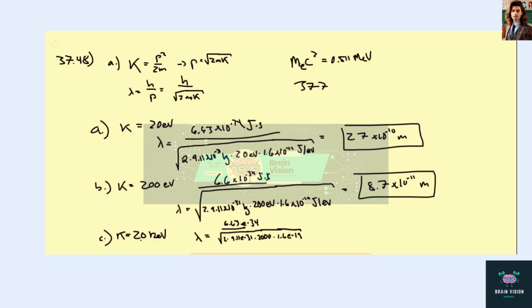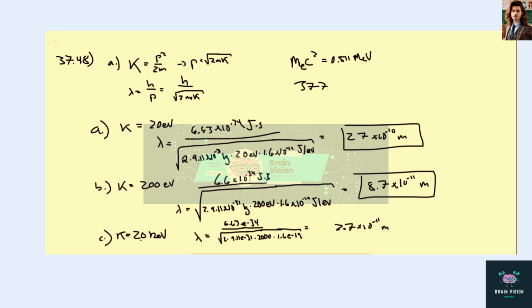That was my little shorthand, so I didn't have to write all the same exact scientific notations over and over again. But if we plug this in, we should see, which you should expect, 2.7 times 10 to the negative 11 meters.